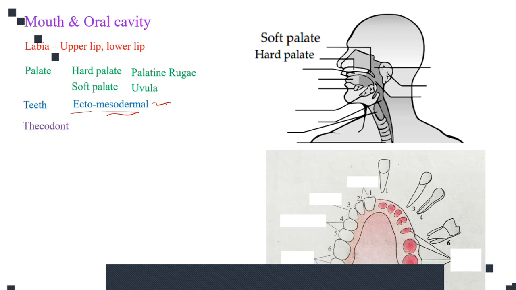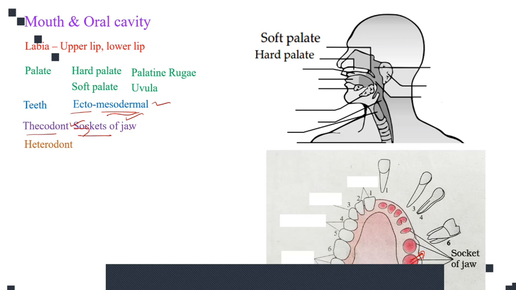According to the number and arrangement of teeth, there are four types of dentition. The first is thecodont. Thecodont means the teeth are fixed in sockets of the jaw. So the teeth which are arranged in the sockets of the jaw are called thecodont.